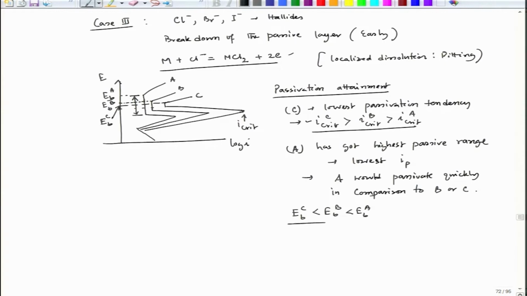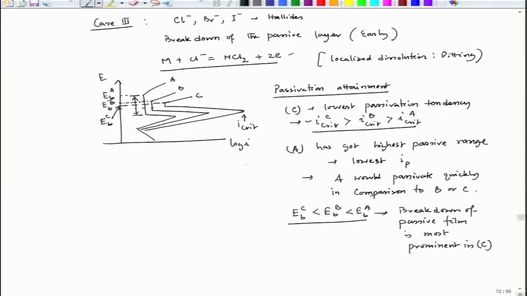So, this also indicates that breakdown of passive film is most prominent in C.